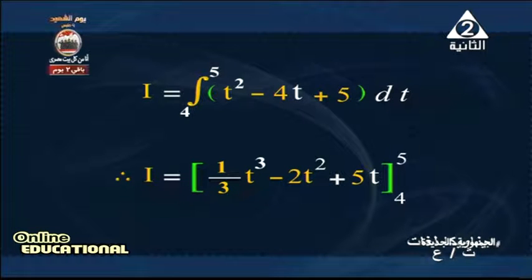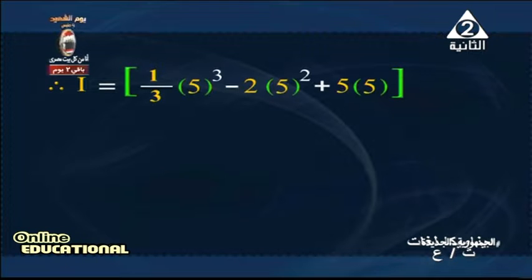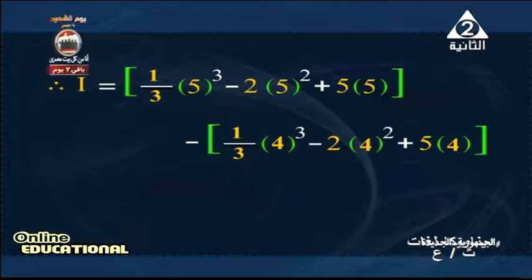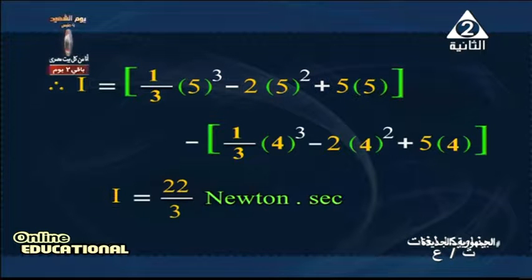Then the impulse I equals (1/3)(5³) − 2(5²) + 5(5), minus (1/3)(4³) − 2(4²) + 5(4). We can use the calculator to find the magnitude of the impulse, which equals 22/3 Newton seconds.